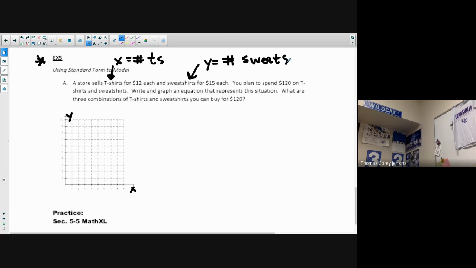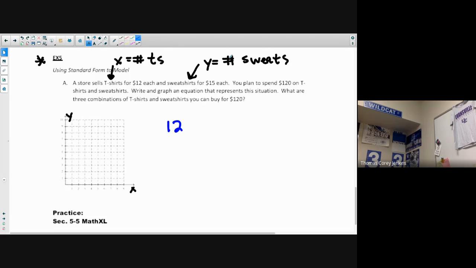You could flip the variables, and our graph would look a little bit different if you did that. If I make x the number of t-shirts and it's $12 per t-shirt, then the expression for how much money I spend depending on how many shirts I buy is 12x.